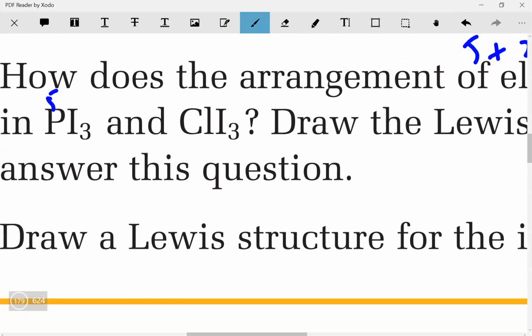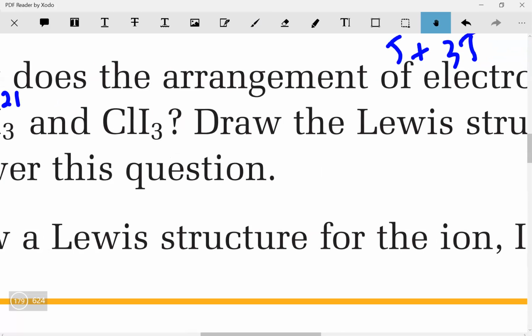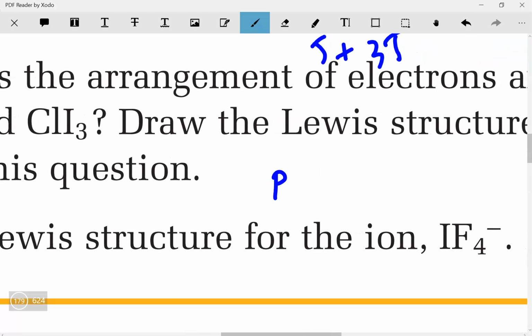PI3 is 5 plus 3 times 7 is 21, 26. So 1... so that's 6, plus 18 is 24, 25, 26.